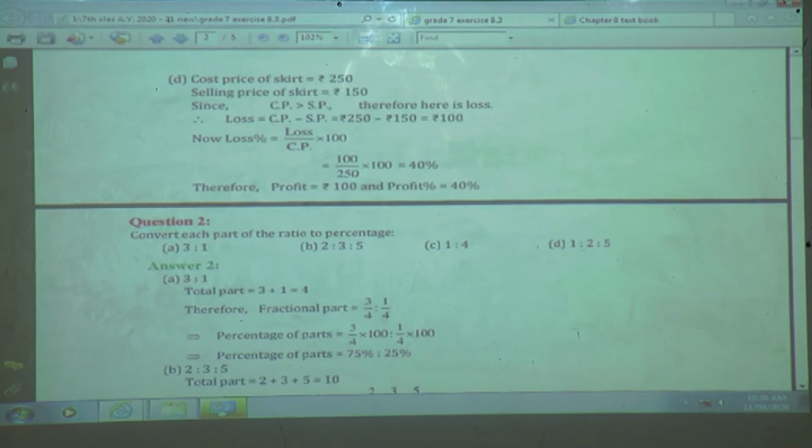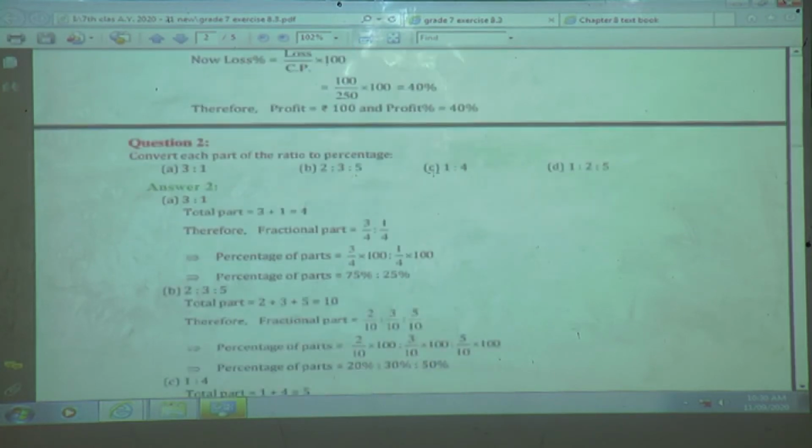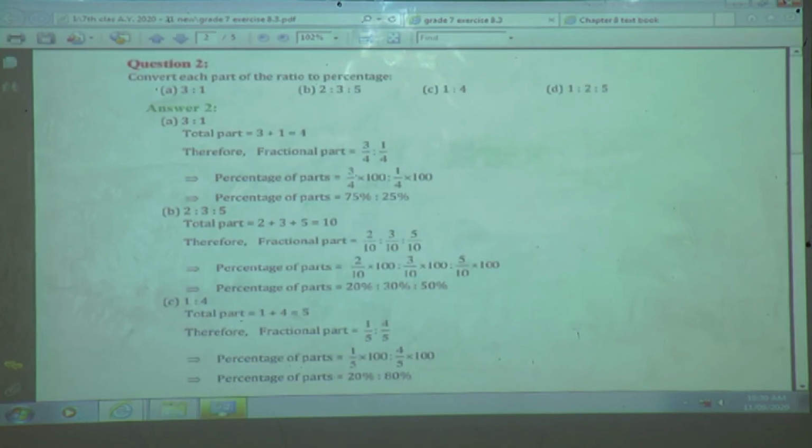We calculated the loss as 100, and CP is given as 250, so 100 upon 250 multiplied by 100. After reducing this fraction to its lowest term, we get 40%. So the loss is rupees 100 and the loss percent is 40%. In this way we found the answer for that situation.